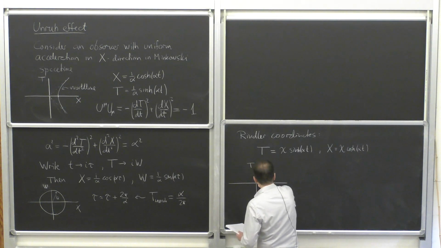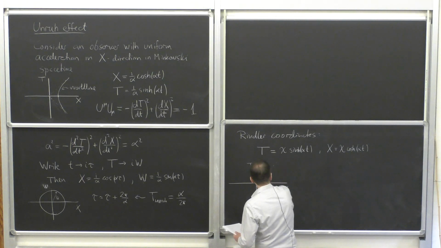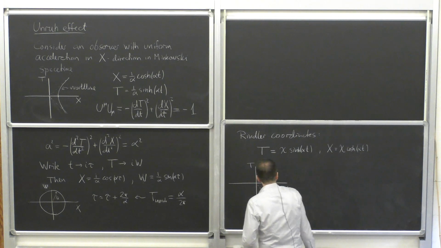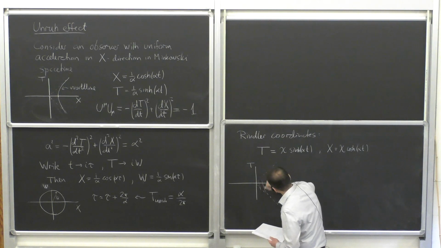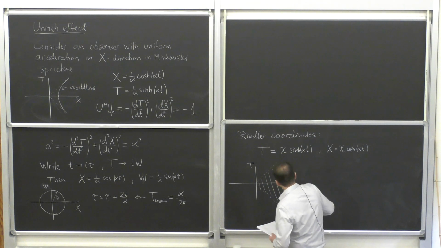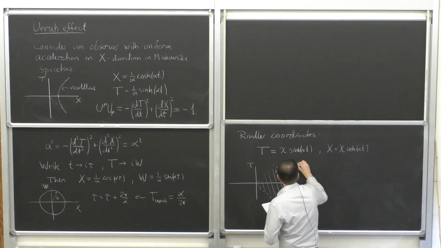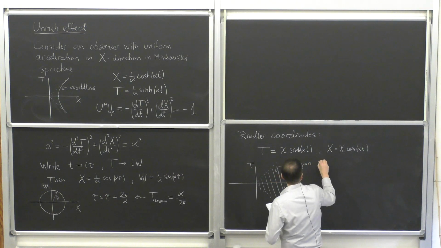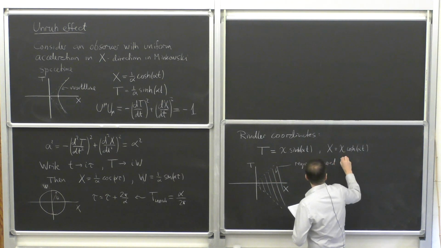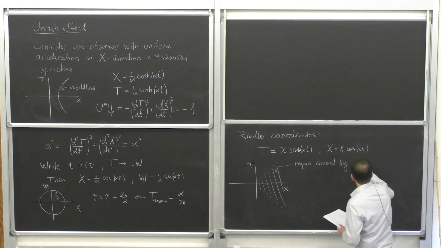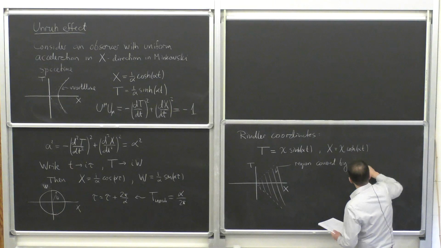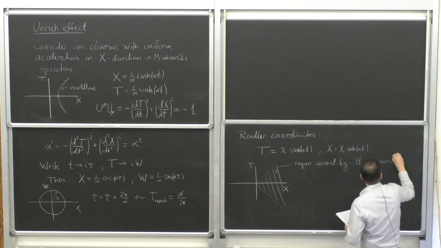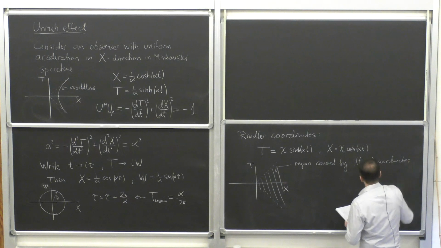And I look at this wedge here, which is where the uniformly accelerated observer was moving before, and we'll see that this region here is the region covered by the t, chi coordinates. All right.